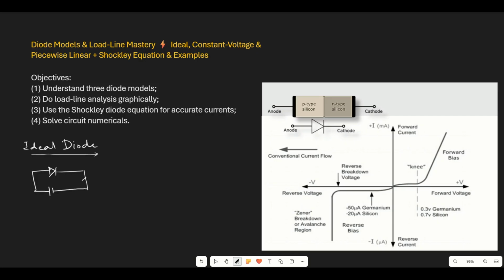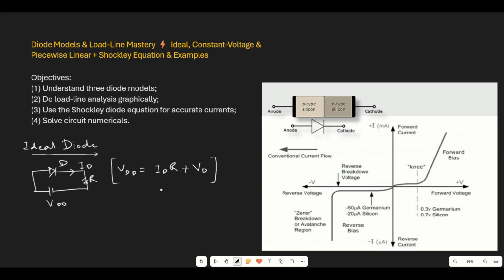Let us also consider a resistance R. This is the diode D, this is the voltage VDD, and the current flowing is ID. Since this is forward bias, the current will flow. If we write down the KVL equation, it will be VDD equals ID times R plus VD, the voltage drop across the diode. This is the KVL equation of the diode circuit.